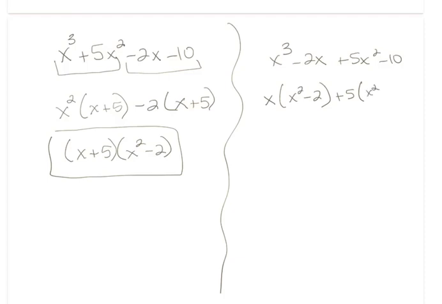And then 5 times what's going to get us negative 10? Negative 2. Right? What factor do they have in common? And what are you left with? X plus 5. And I think they match. Look at you, fancy pants.